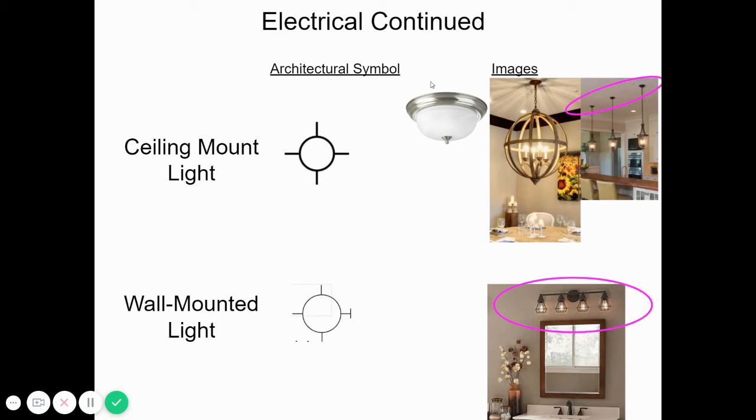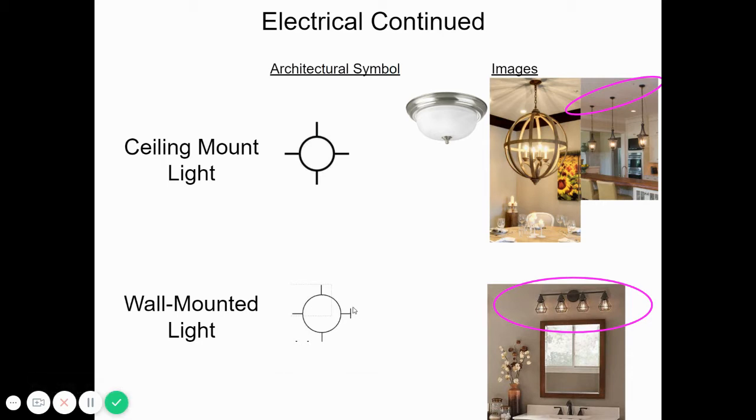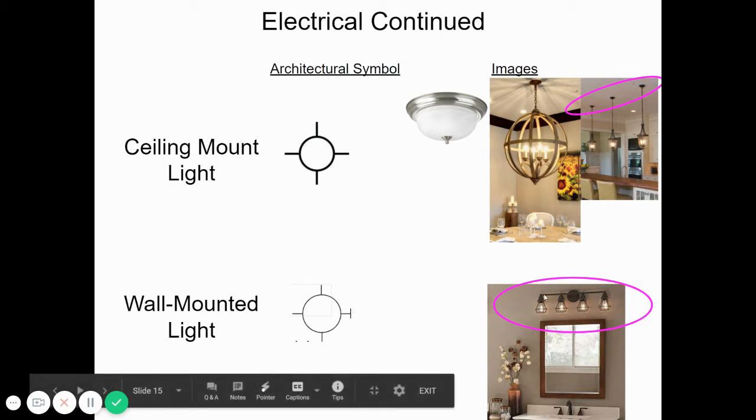This next symbol is called a wall mounted light, and its only difference is still the circle with the lines out from it, but it has one other line attached to one of its lines. This is representing where the light is attaching to the wall because it's mounted to the wall, a wall mounted light. Here is the example we're going to use.